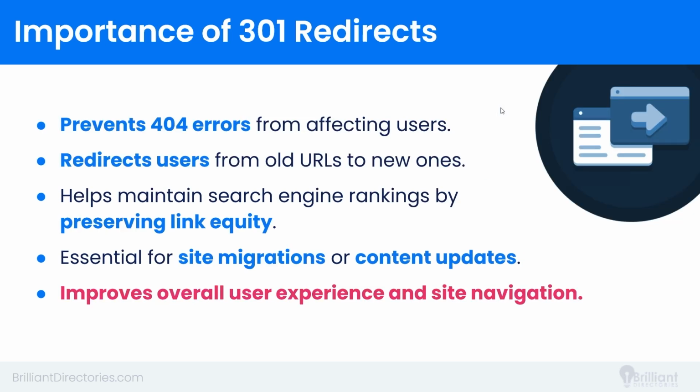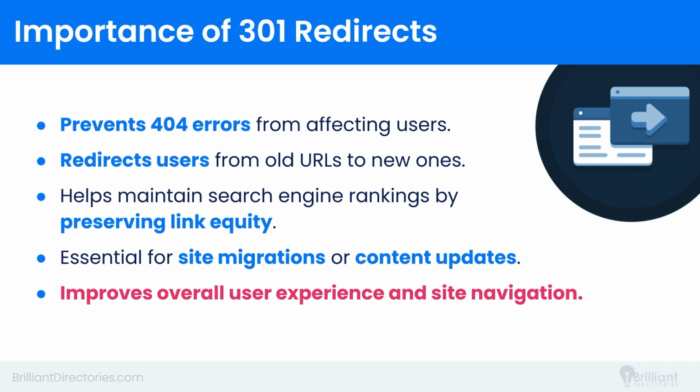And real quick, also diving into 301 redirects. This is something we've mentioned in a lot of previous webinars, specifically when people are asking about migrating their site to Brilliant Directories. If you're migrating your website from one platform to another, you always want to keep in mind 301 redirects. And the reason for it is it prevents 404 errors from affecting users.